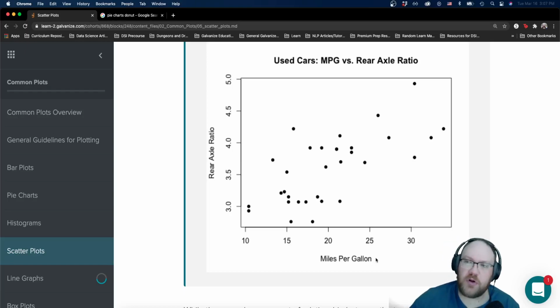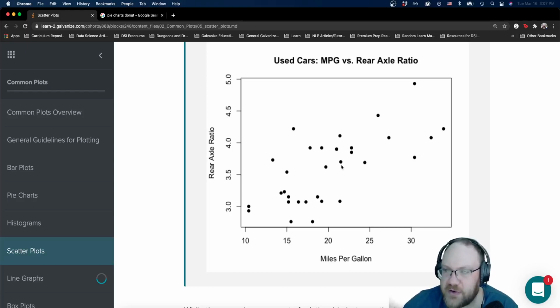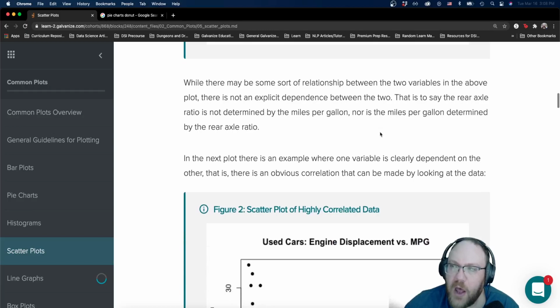That will be sort of one column in a table full of data versus rear axle ratio, which is another column in a table full of data. And you just sort of plot those as x and y coordinates, adjust and label the scales appropriately, and you can sort of see how one variable relates to the other.